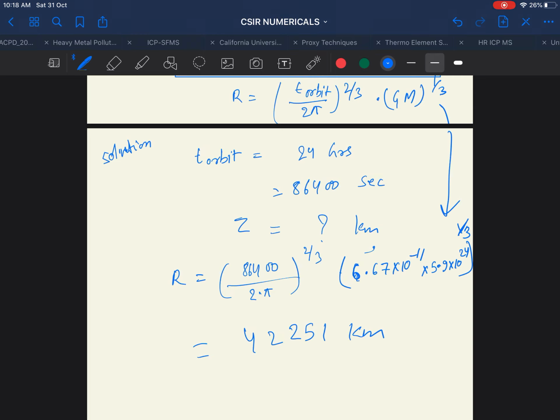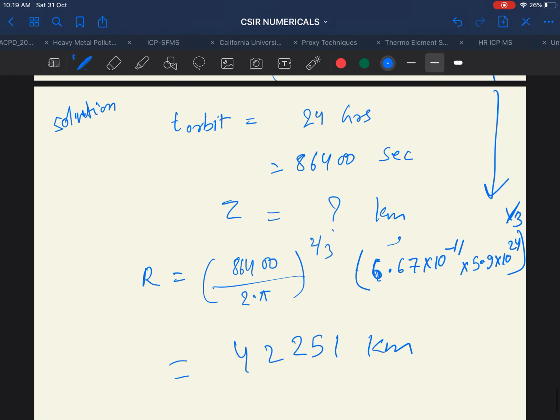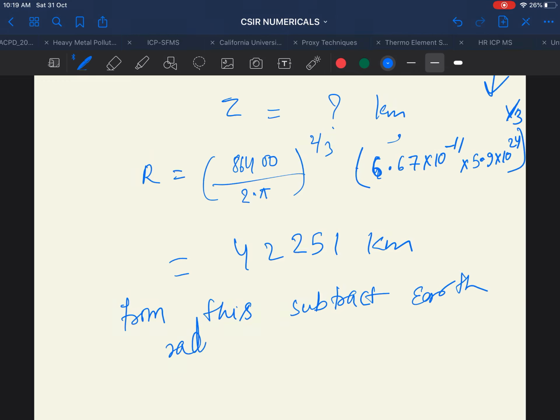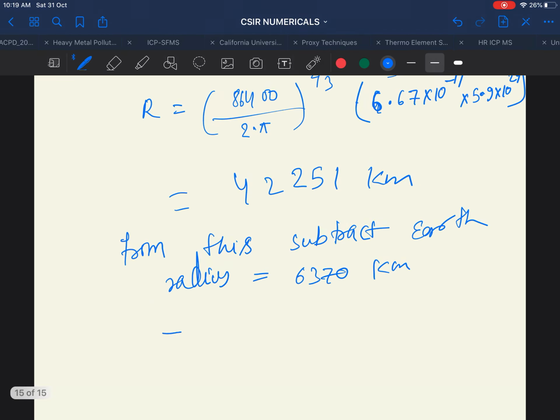Now we subtract the radius of the earth. It is very important to subtract the radius of the earth, because this r is taken from the center of the earth. So we subtract the earth radius, which is 6370 kilometers.